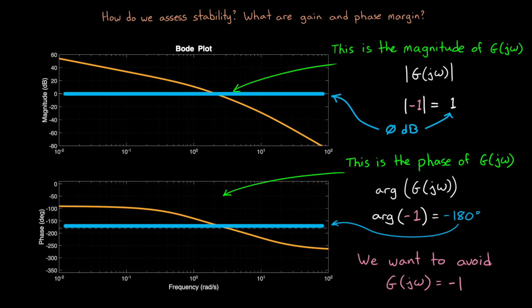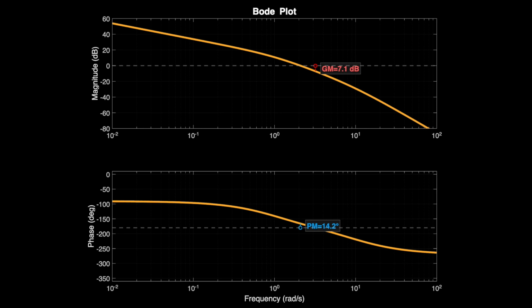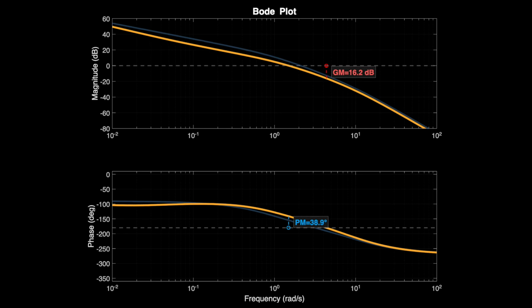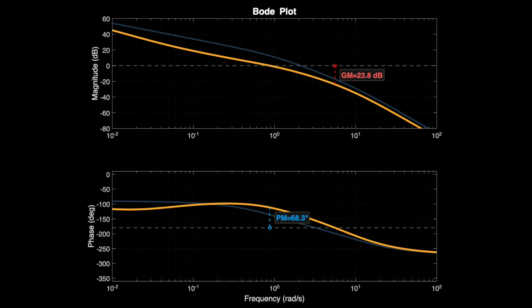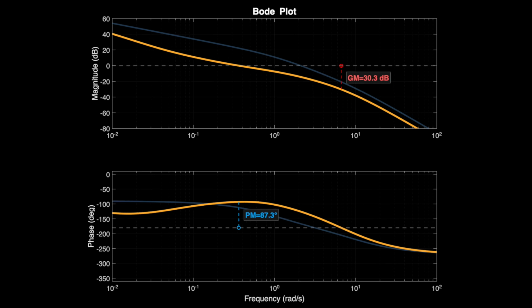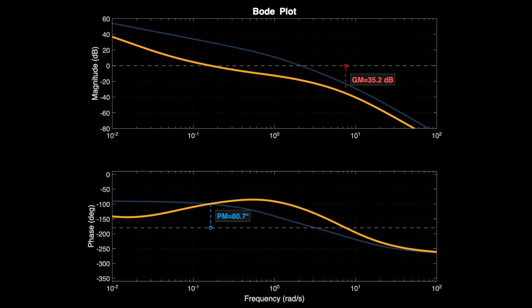And so the closed loop system will then have a pole that is right on the verge of crossing over into instability, something that we probably want to avoid by adding in some margin. In other words, gain and phase margin each quantify the distance from that minus 1 point, but along different axes, along these more physically understandable quantities of gain and phase shift.